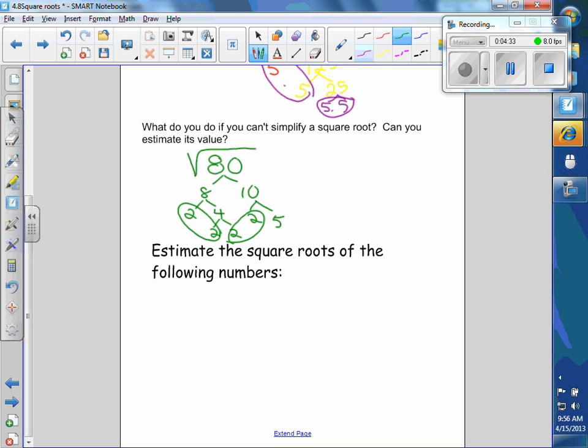So for today, you're going to estimate instead. Do you understand what it looks like when it's not a perfect square? There's a leftover, so it's not a perfect square root. You see that? Yes or no?